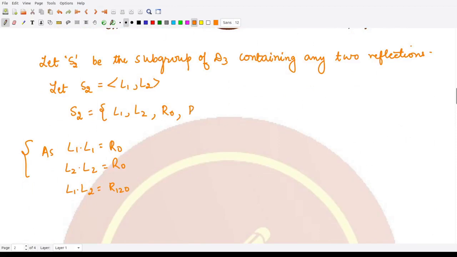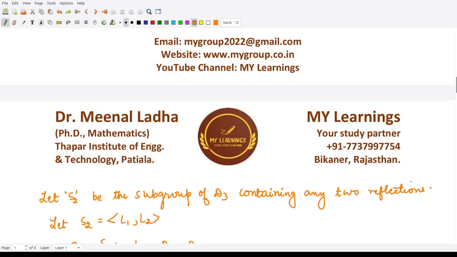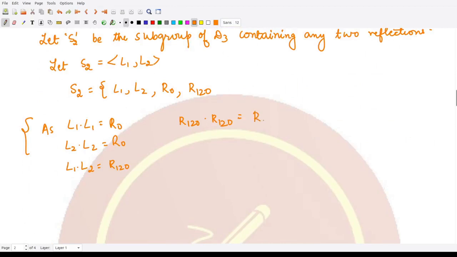What about R120 into R120? R120 is here, R120 is here, so when you compose them you have R240 as well. So R240 is also present within our group, because for it to be a subgroup all these elements should be present there, right?